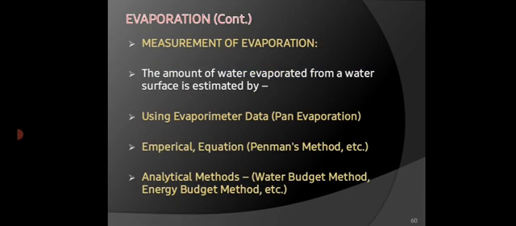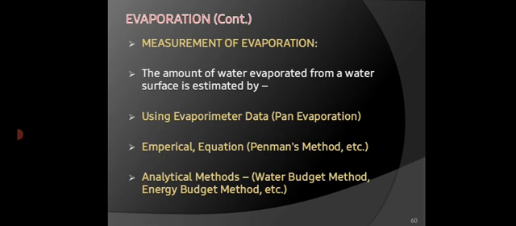Now, how do we find out evaporation, the amount or the rate of evaporation? The amount of water evaporated from the water surface is estimated by these methods. First is using evaporimeter data. That instrument is known as a pan evaporimeter. Then there are empirical formulas, equations, and one of the methods is Penman's method to find out the rate of evaporation.